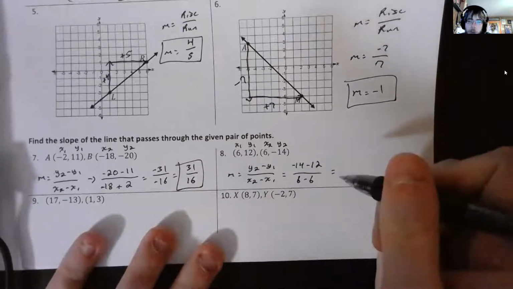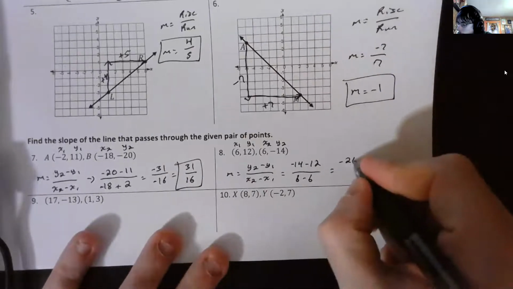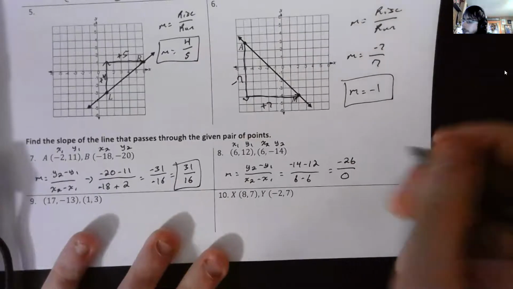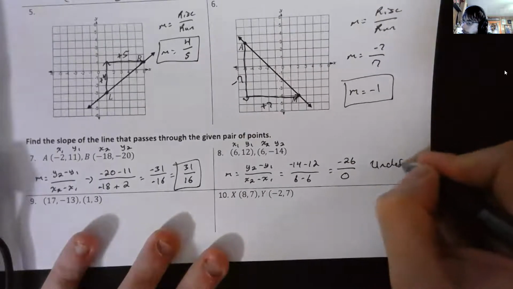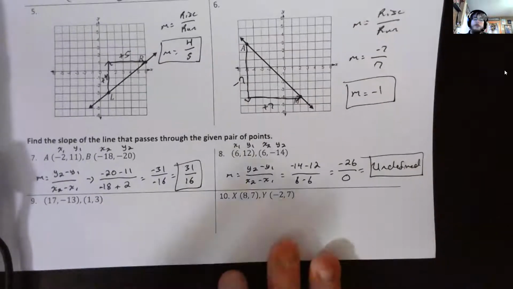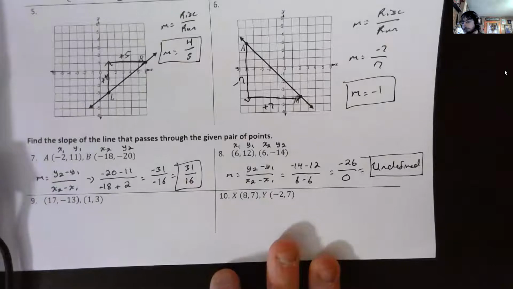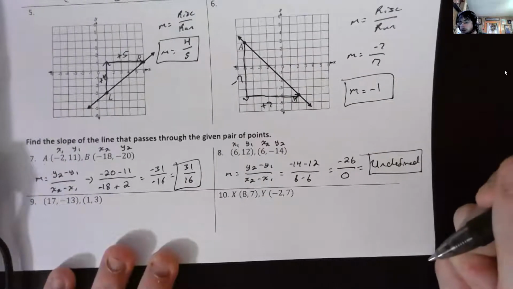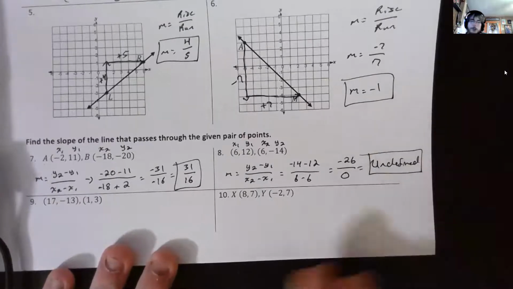Negative 14 minus 12 is negative 26 divided by 0. You cannot divide by 0, so this would have an undefined slope. If the 0 were on top instead, you could do 0 over whatever, and that would just give you 0.